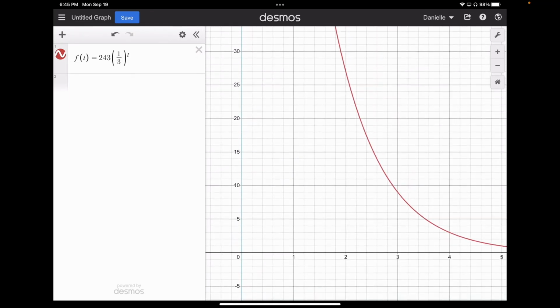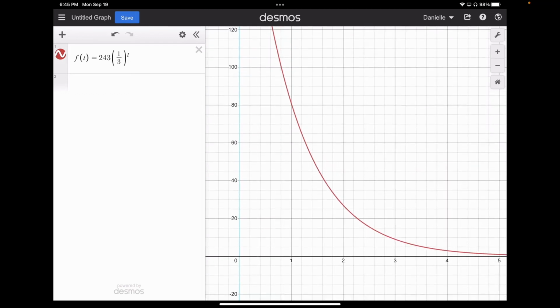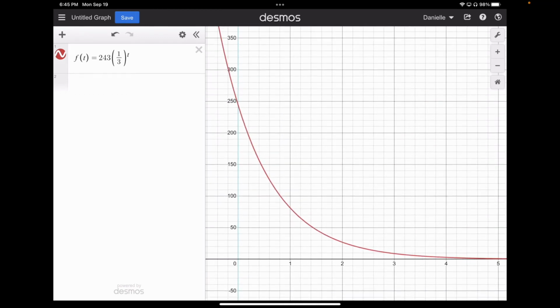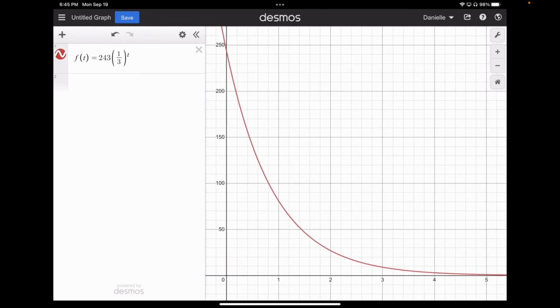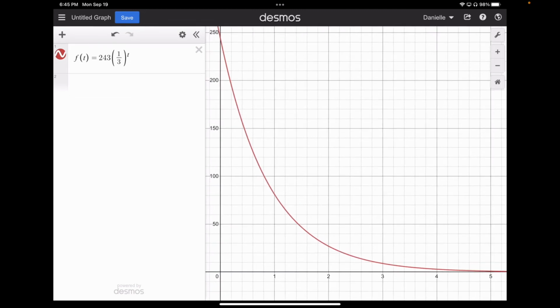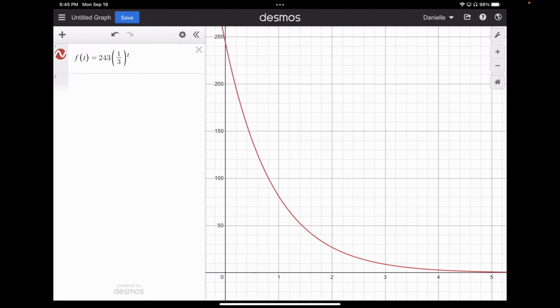Our starting number is 243, so I at least want to include that. Maybe 250 is a good place to start. So using graphing technology here, I could use my window at 0 at the bottom, but I at least want to go up to 250.